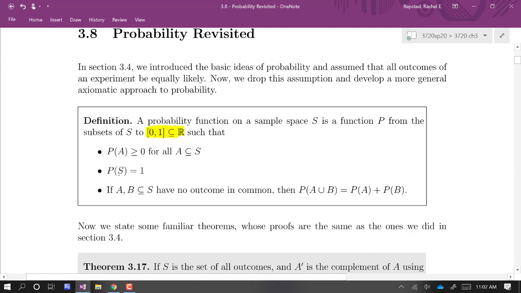The probability of the whole sample space is 1, and we've actually already seen, kind of outlined, why those are true.